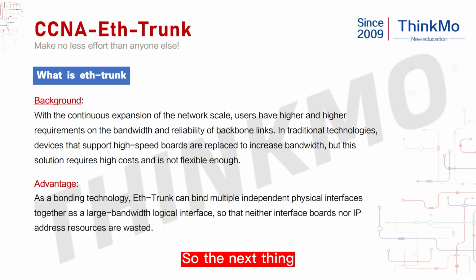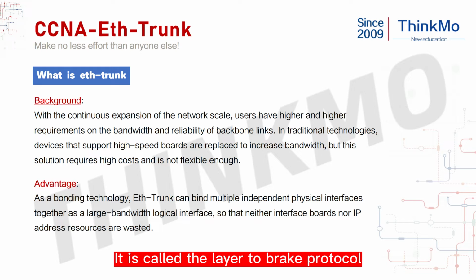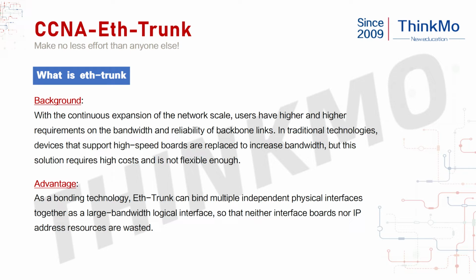So in a switching network, we do this for redundancy, connecting multiple lines between the top switch and the next switch. But problems with connecting multiple lines may arise. We all know that by default there is one technique on the switch called STP, the Layer 2 loop-breaking protocol.